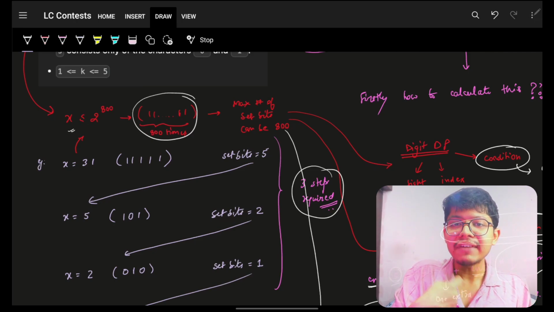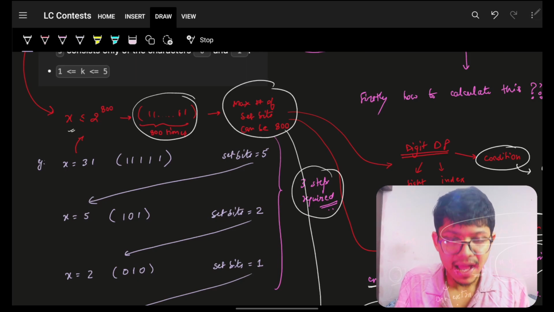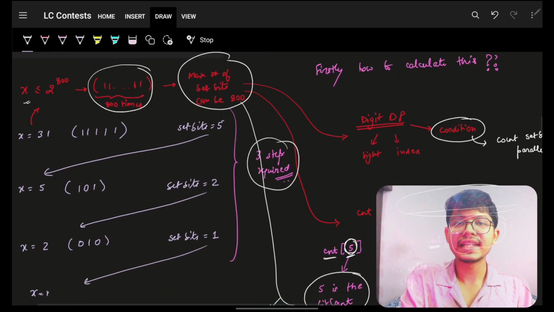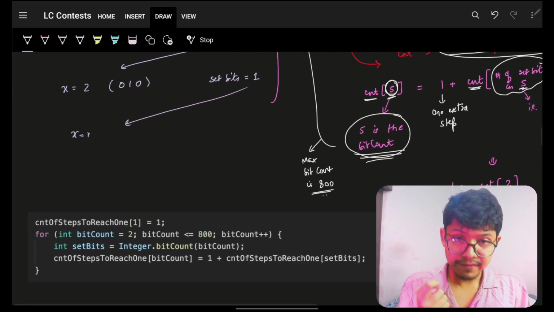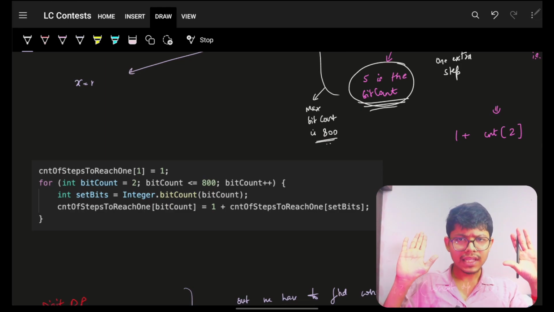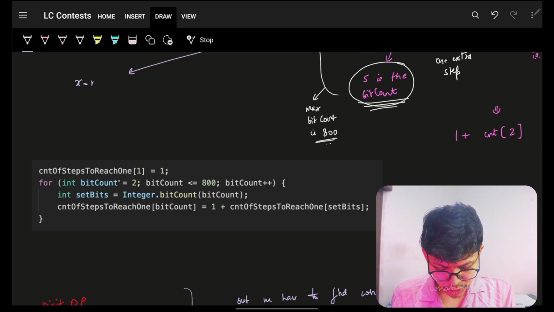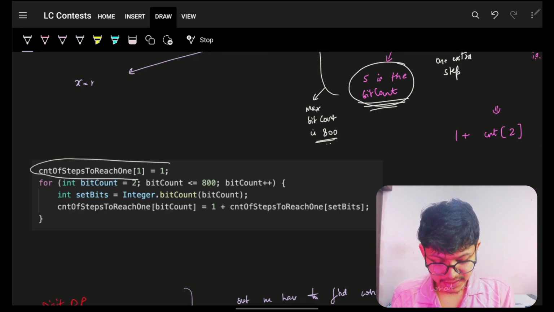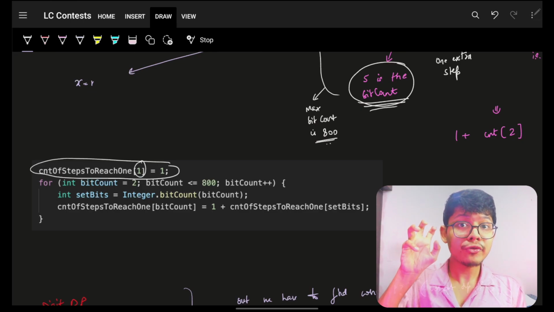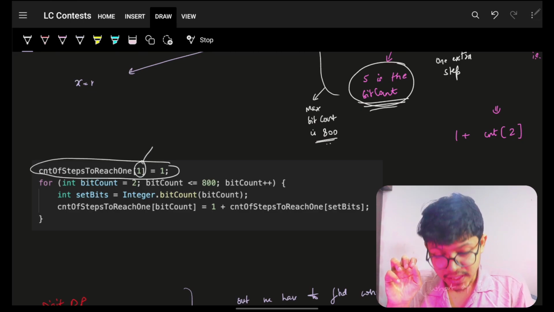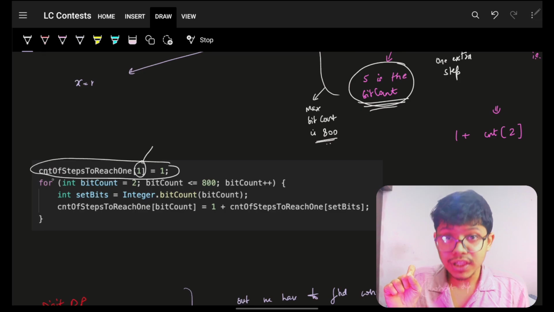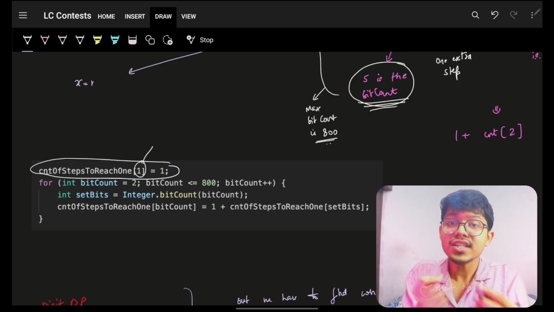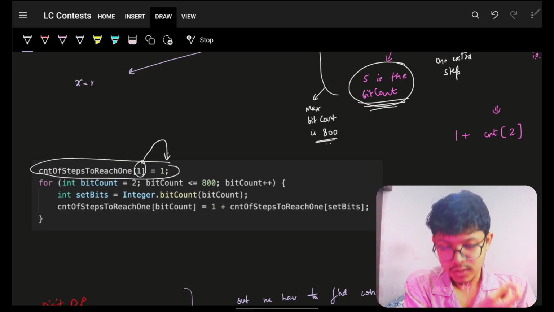If I can have 800 set bits at max bit count, thus, I will simply use the simple linear DP approach to start. Again, firstly, I said that for the number of set bits as 1, the operation or the count required for it to reach a value of 1 is just one step.